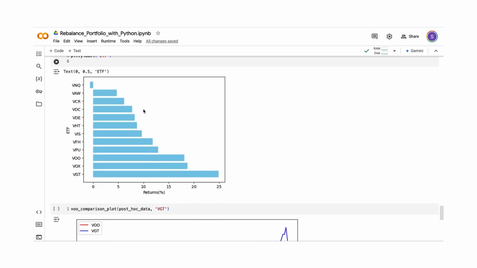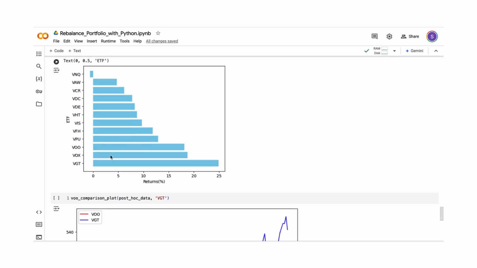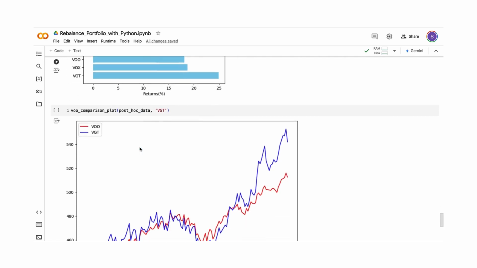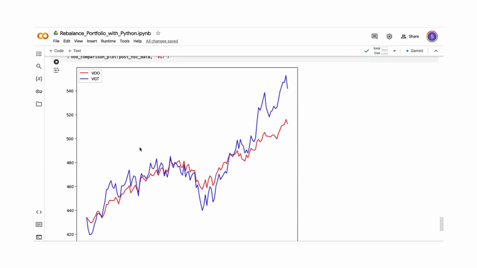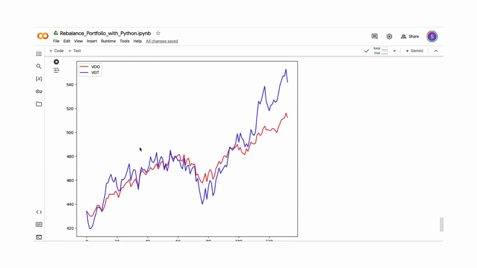So that is basically what is happening here, and largely I think what the algorithm is doing is giving weight to VGT or VOX. So it would have been possible that if the algorithm were choosing more VGT and VOX, we would have got a final return that is greater than VOO. But why does it not happen? Here is some interesting data when I compared VOO and VGT.